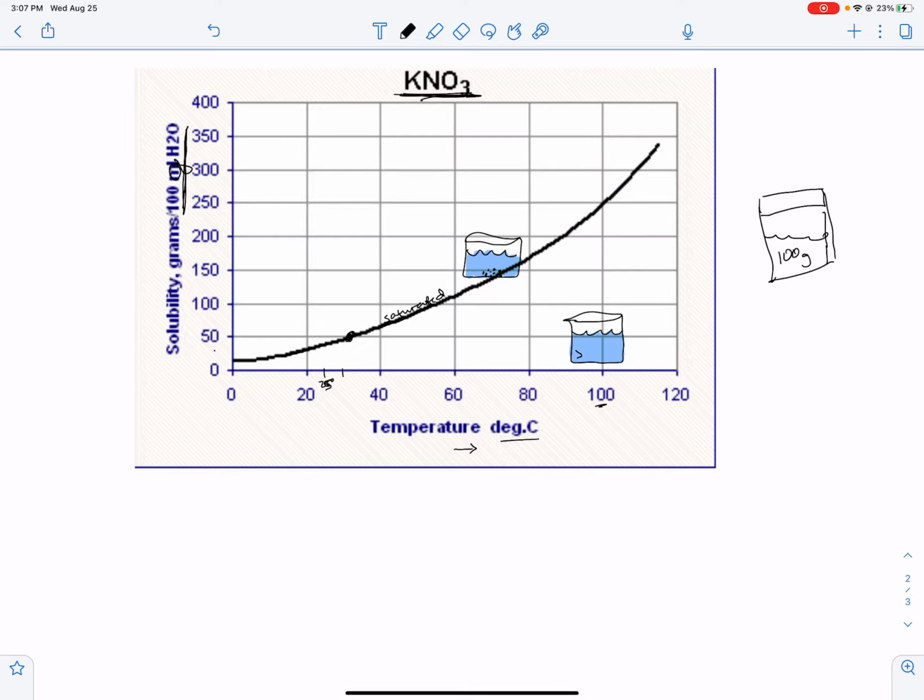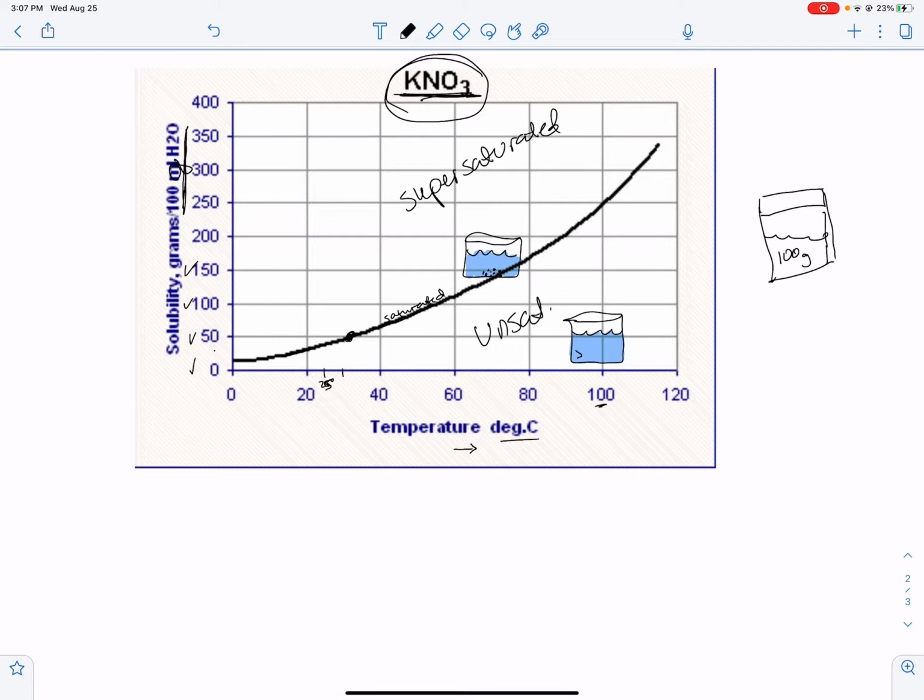And then these numbers here on the y-axis tell us how much KNO3 we can add, and we can see whether it'll be unsaturated, saturated, or supersaturated.